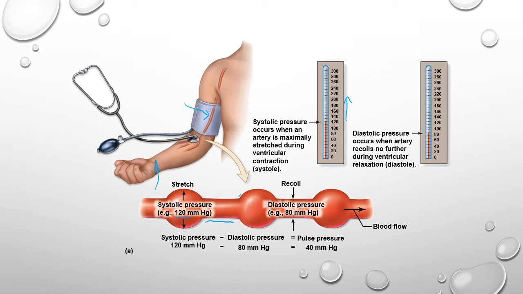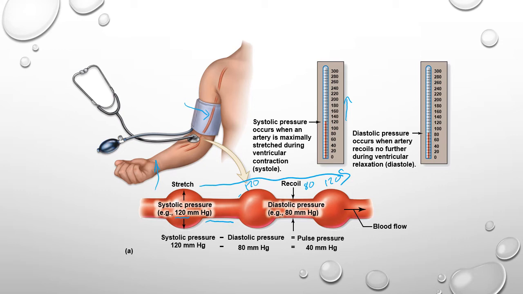So our pressure goes back up and we hit that 120 point, and then it comes back down, and then it comes back up and goes back down. We're always having these big pressure waves going through the vessel every time we have a contraction, and this pressure wave is traveling along that artery.